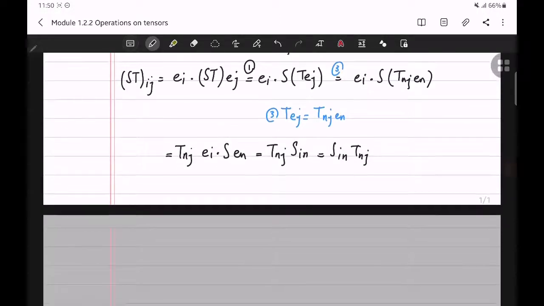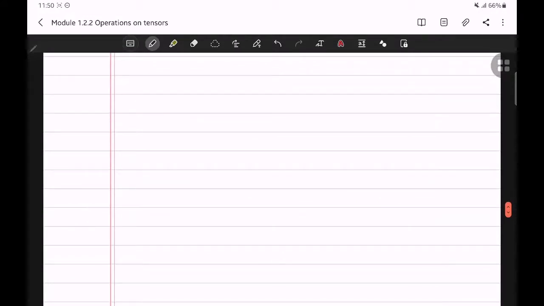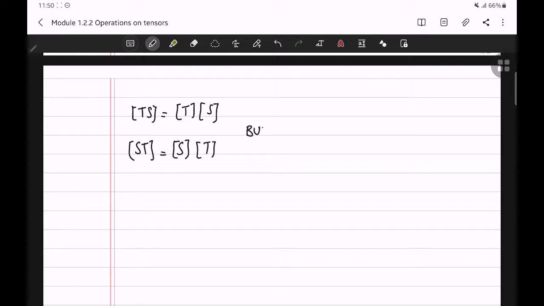All right, so in tensorial form, we can write TS is equal to T times S, and also ST is equal to S times T. But you have to know that ST is not equal to TS.